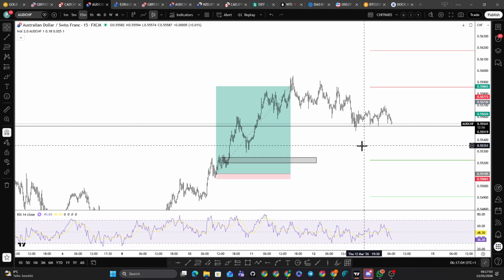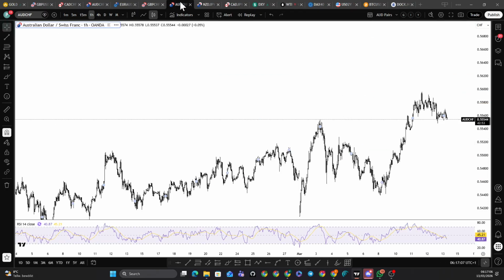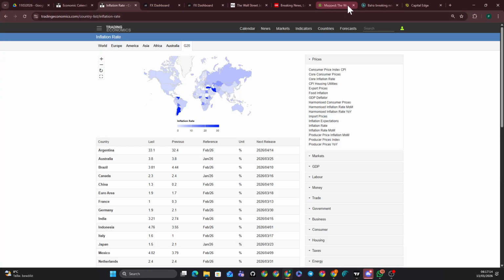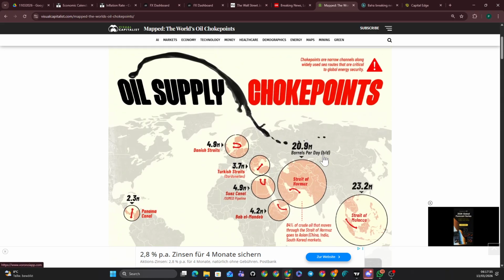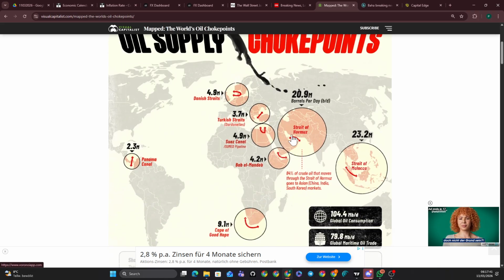My thoughts on AUD are still bullish, but there's a concern. What is the concern? It again comes back to oil prices. As you all know, the Strait of Hormuz is one of the main oil shipment checkpoints. 20% of the world's oil supply is sent through the Strait of Hormuz.